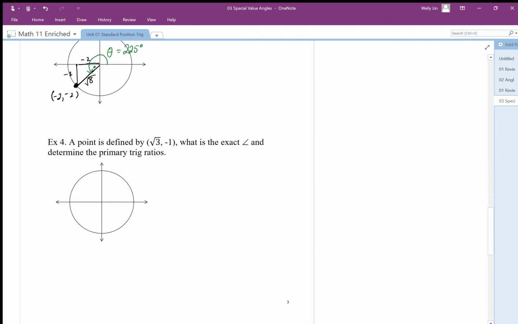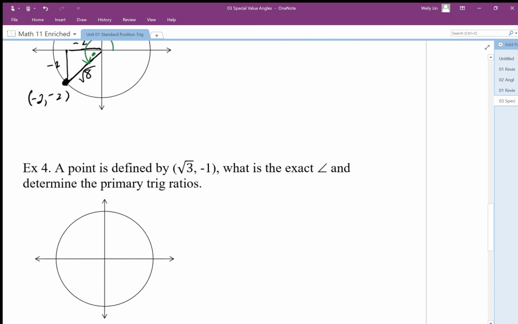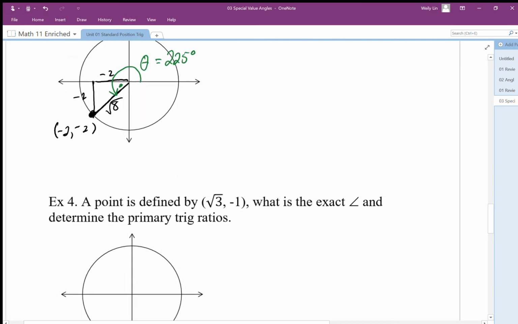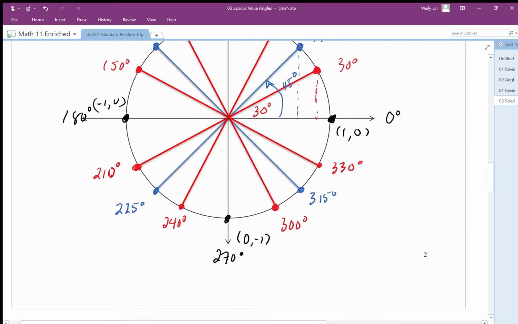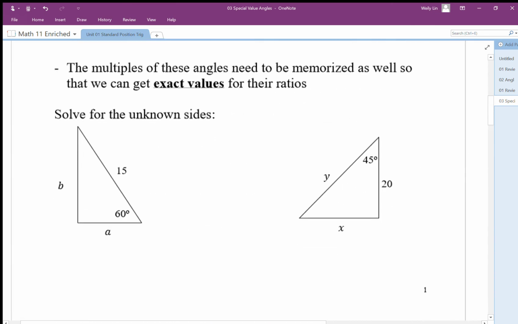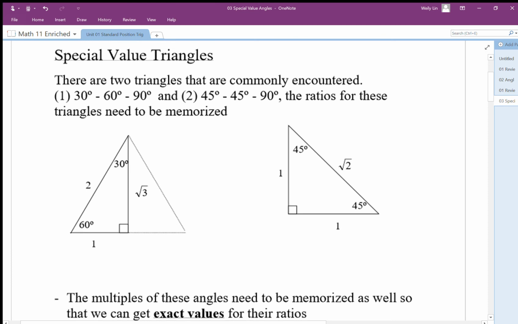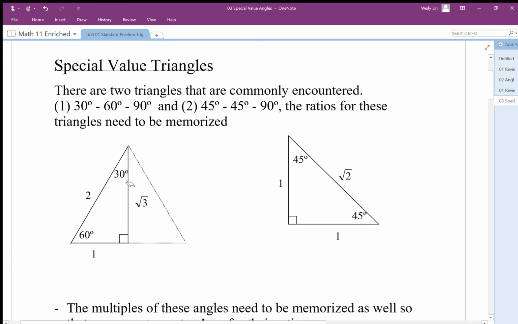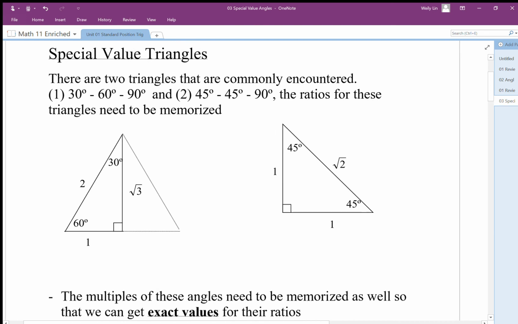So for this one, we have a point defined by root 3, negative 1. It's important to know root 3 and negative 1 in relation to the circle and the triangles. The root 3 is the long side of the 30-60 triangle, 1 is the short side, and 2 is going to be the hypotenuse.